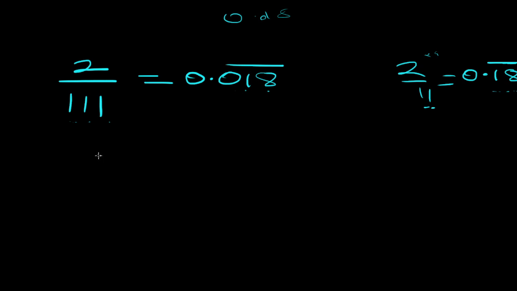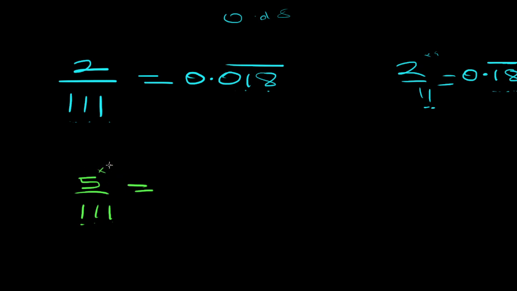For instance, if we have, let's say, 5 over 111. The 111 is 3 digits when we count 1, 2, 3. We said it's going to be the multiples of 9.